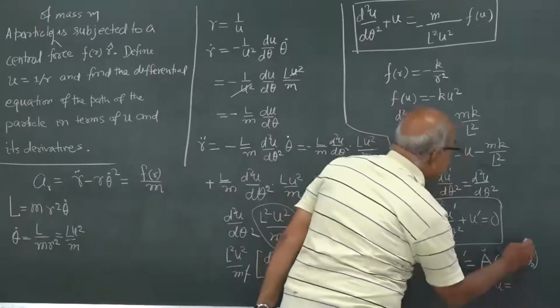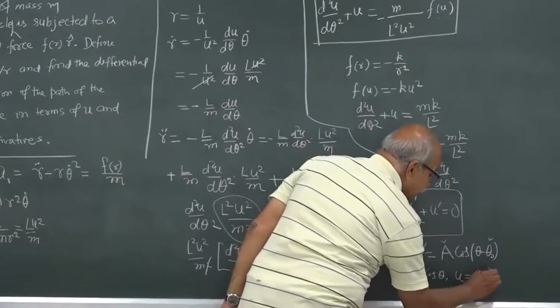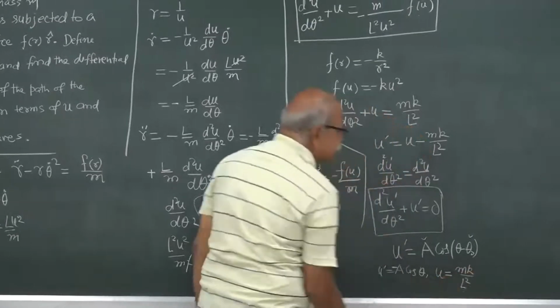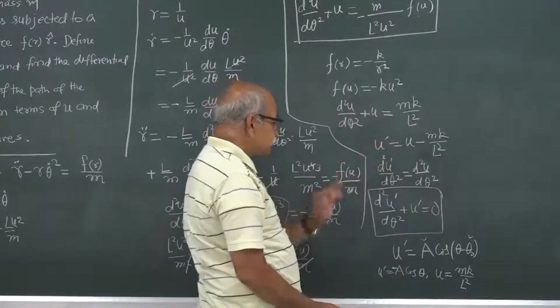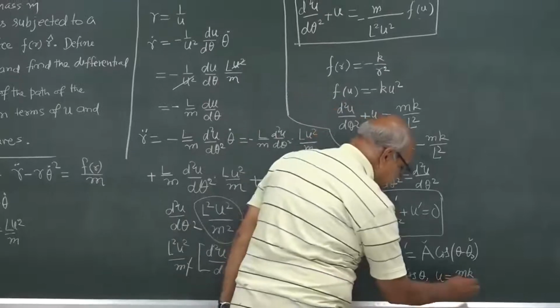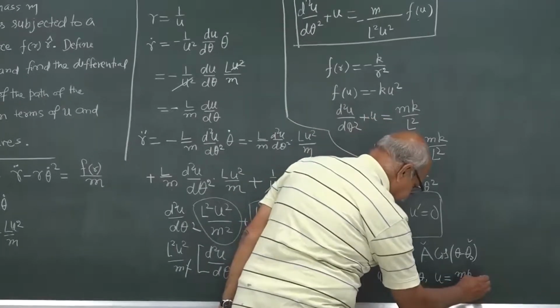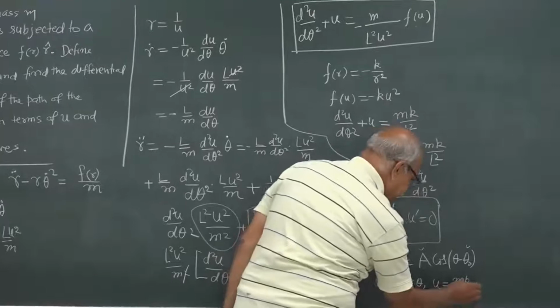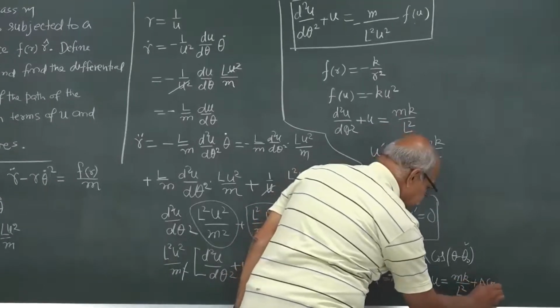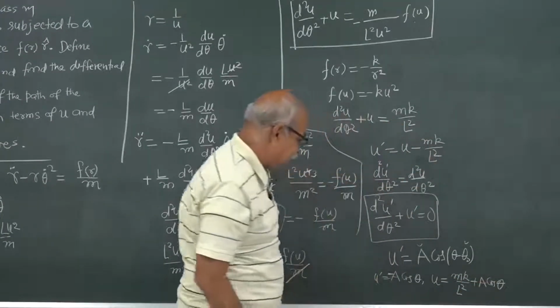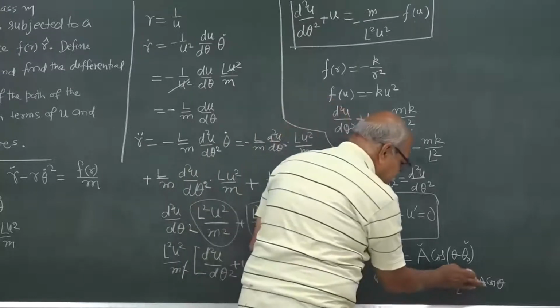So, mk divided by L square plus u prime, and this will be plus a cos theta or minus a cos theta. We will just check minus a cos theta, right.